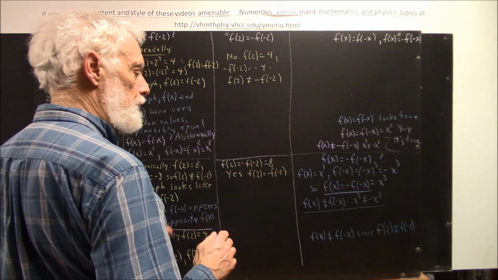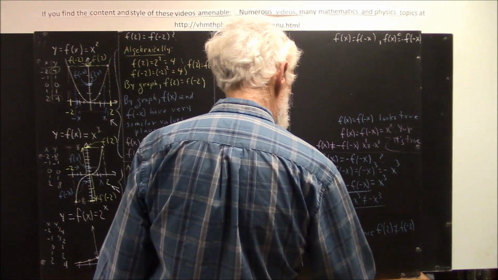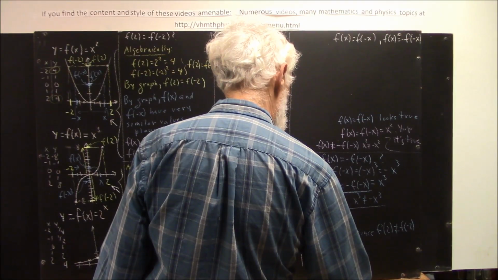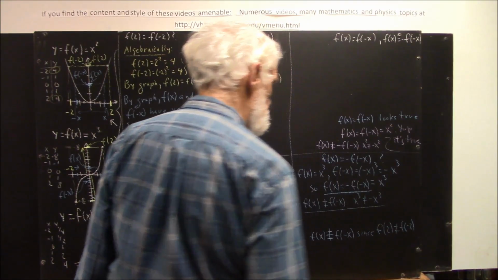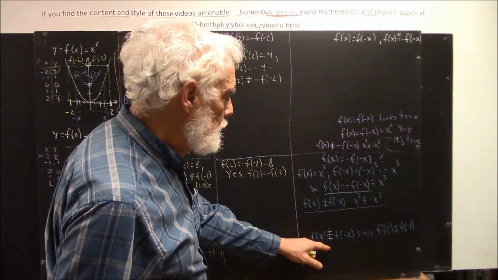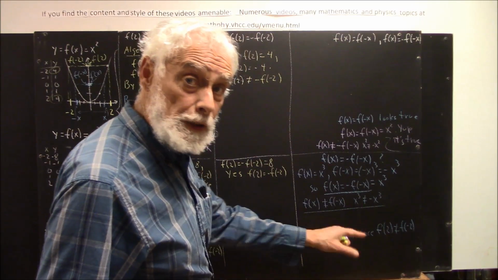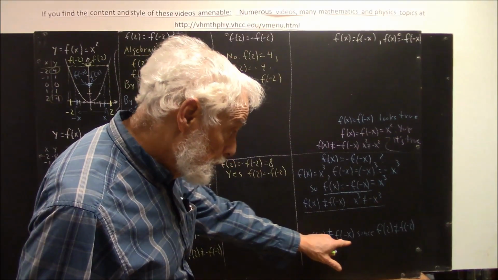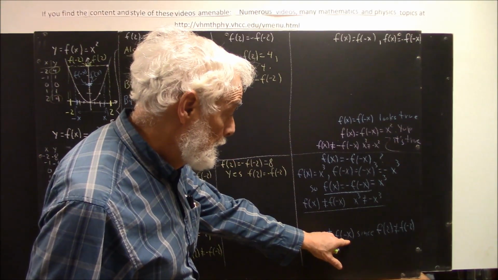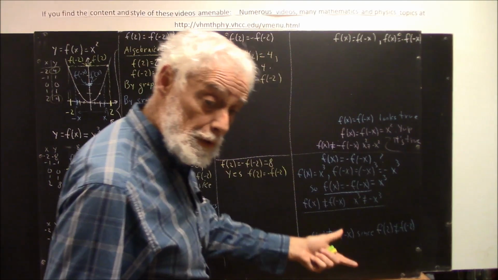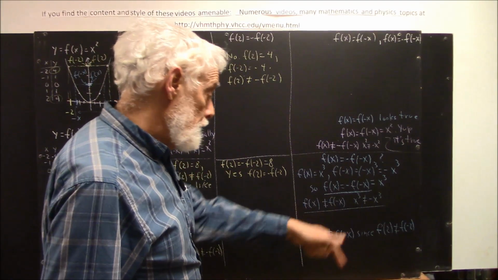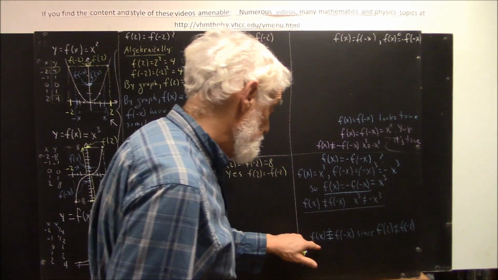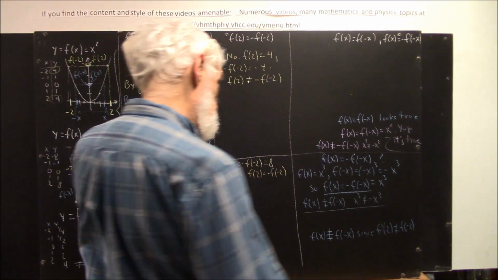Now there's a way to say this a little more strongly, and to make this a little more logically correct, I use kind of a triple equal sign for always equal to, or identically equal to. This means f of x is not always equal to f of negative x, since f of 2 is not equal to f of negative 2. There's a value of x that contradicts the assumption that f of x equals f of negative x.